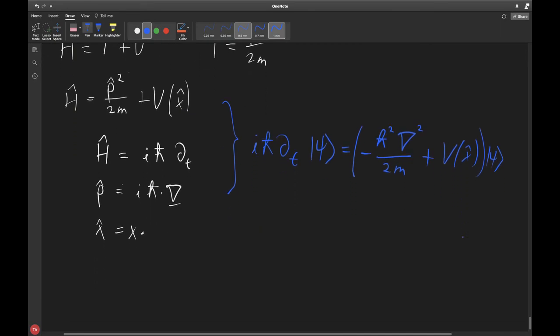And in one of the math videos again, we discussed that this nabla squared is denoted as a triangle, which is called a Laplacian operator.